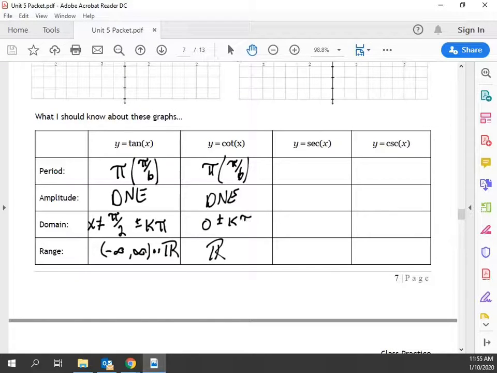So x cannot equal 0 or any version of pi from there. So 0, 1 pi, 2 pi, 3 pi, 4 pi, 5 pi. Those will be all asymptotes for cotangent. That's what that means there. We'll get to secant and cosecant later, guys.